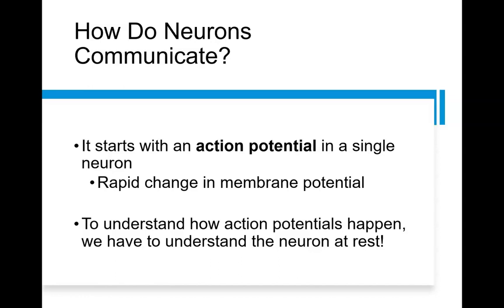In this particular instance, the voltage begins as negative. However, through the events of the action potential, this voltage will shift from negative to positive within a millisecond or two. But to understand how action potentials happen, we need to first understand what is going on with a neuron at rest.